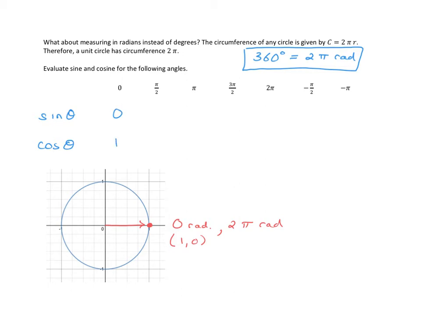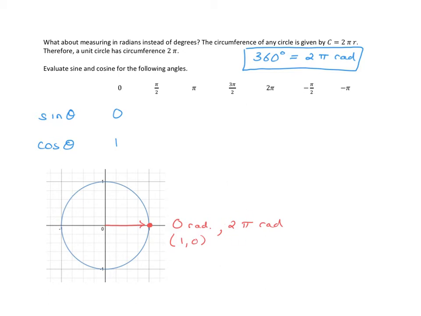All right. Well, what about this? Radian measurements are going to have a pi attached to them, or often they'll have some number or some negative value times pi. So where's pi over 2? Where is pi? If a full rotation is 2 pi, that would mean half of a rotation is this number divided by 2.